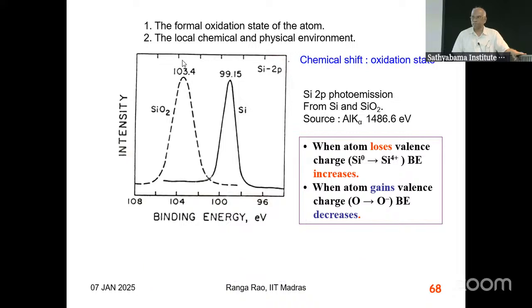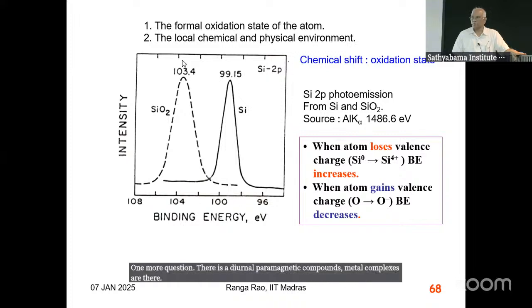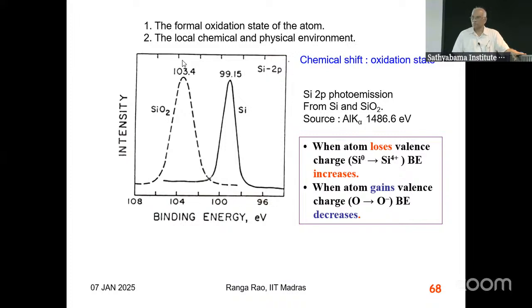One more question: there are diamagnetic and paramagnetic compounds, metal complexes. Is there any relation with XPS and UV? In UV also we get paramagnetic and diamagnetic compounds. For such compounds, how can spectra vary for paramagnetic and diamagnetic compounds?